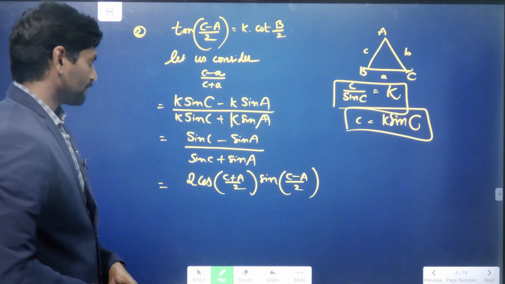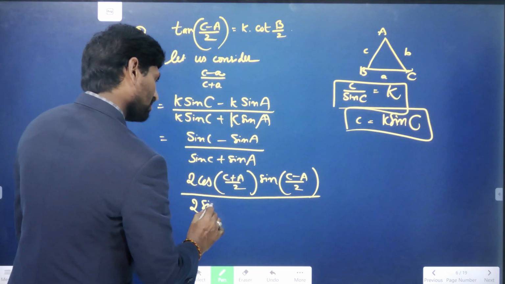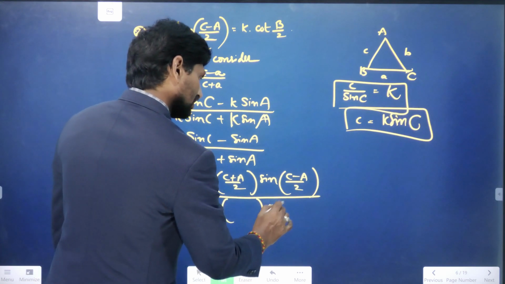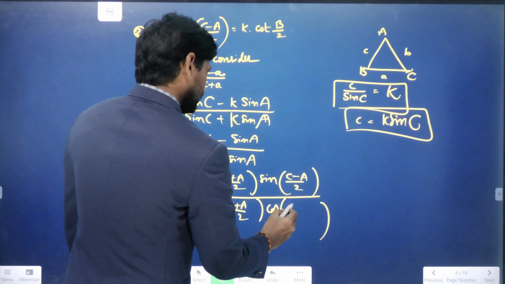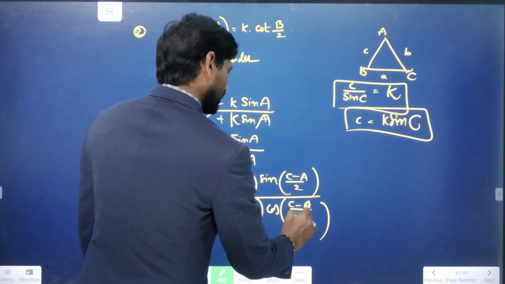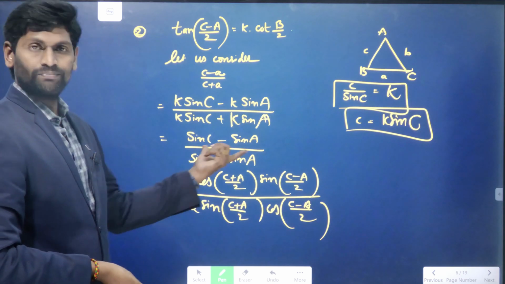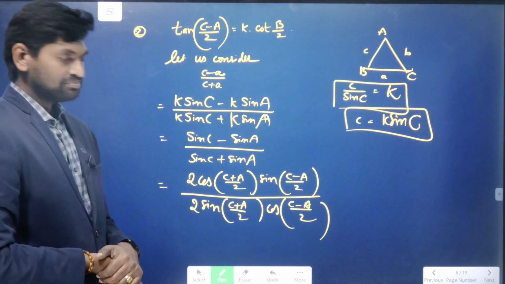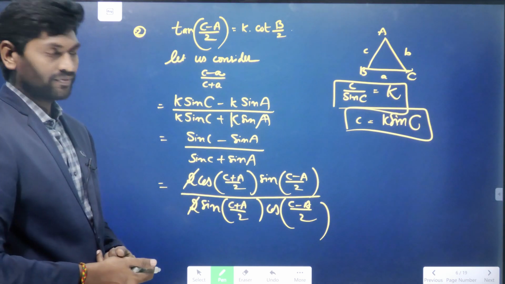But sin plus sin is 2 sin cos: first addition, (C plus A) by 2, subtraction, (C minus A) by 2. Both sides 2 cancel.